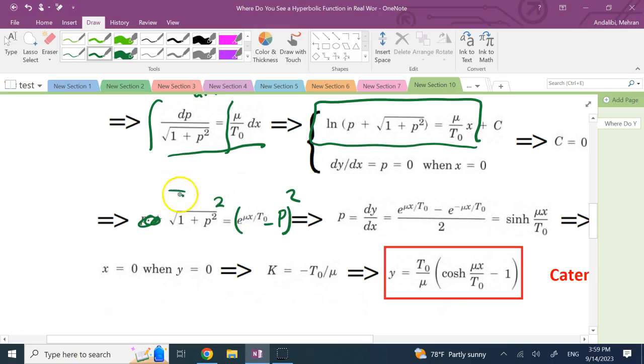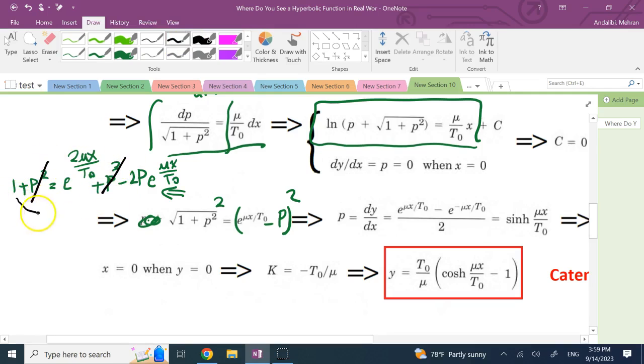If you square both sides, what you get is 1 plus p squared on the left, and on the right you get e to the 2 mu x over t naught, plus p squared, then minus 2 times p times that exponential term, right? Mu x over t naught. Now these p squared terms would cancel, and then you fix this.